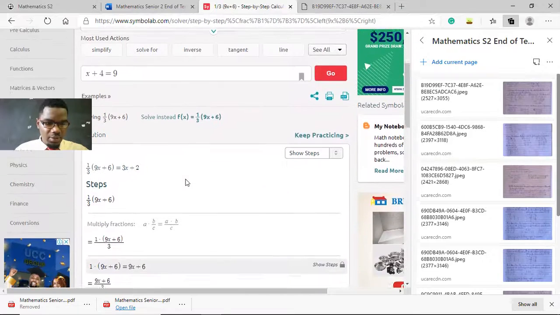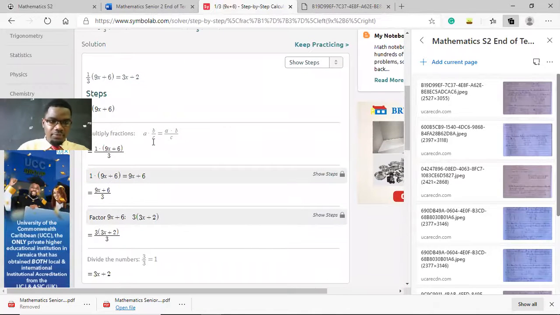So let's look at that. Here's an example. If you have a times a fraction, so in this case, 9x times a third, that is the same thing as saying 9x times 1 divided by 3. Let's go to the next one. If we have 6 times the fraction a third, we can simply say it's the same thing as 6 times 1 divided by 3.